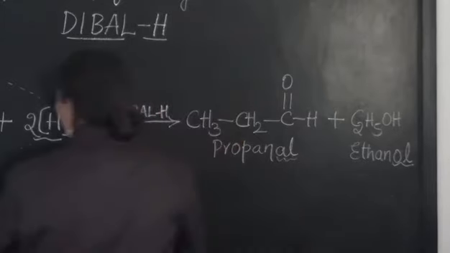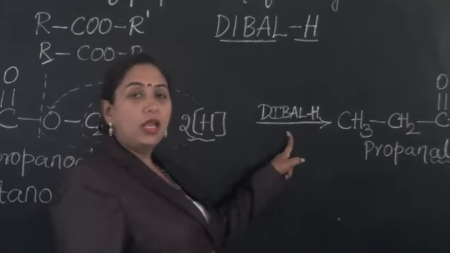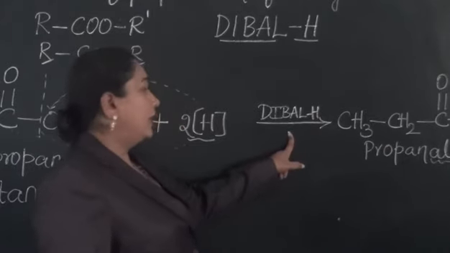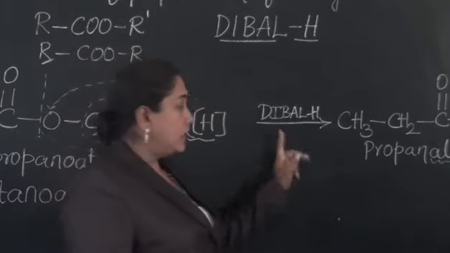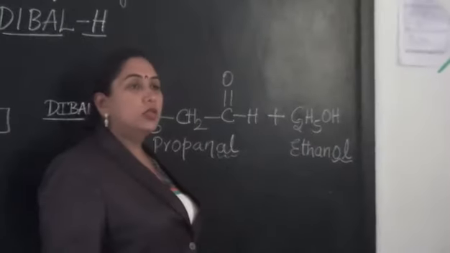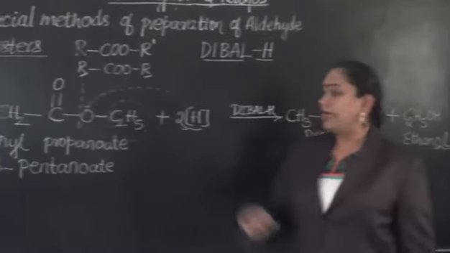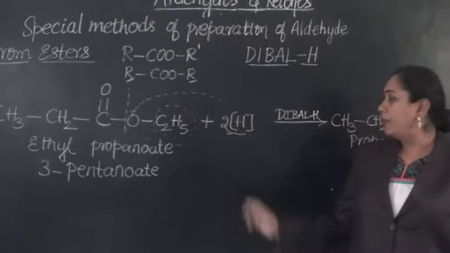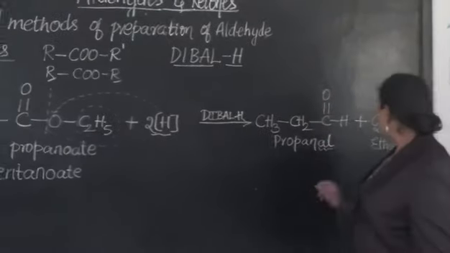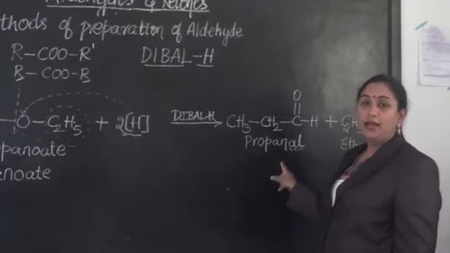So, starting from an ester, by subjecting it to reduction with diisobutyl aluminium hydride, we get two important products, namely the aldehyde and the alcohol. So, this is a common case. I have just taken this with the example of ethyl propanoate, which gives us ethanol or ethyl alcohol along with propanaldehyde or propanal.